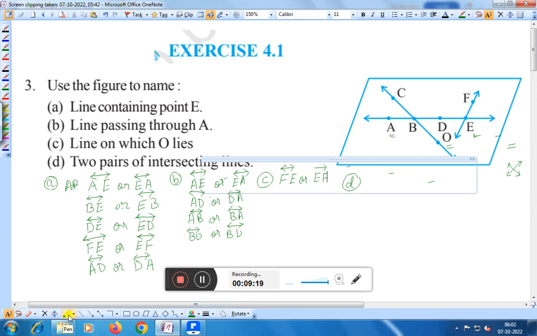Therefore it will not be the answer. I will rub it again.